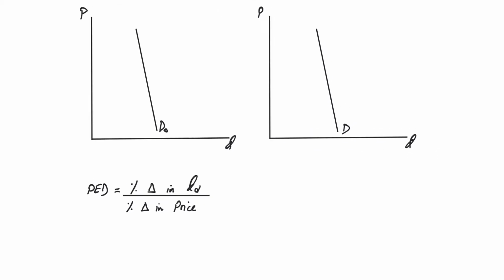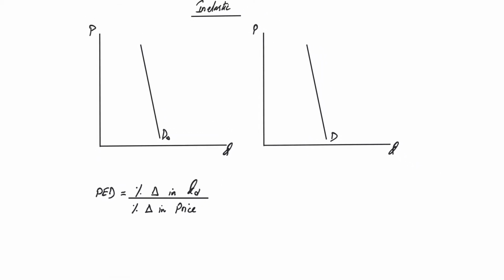In inelastic, we say that the value change in quantity is less than the change in price. So let's say if there is a 10% increase in price, there is a smaller percentage decrease in quantity. I've just given the values from my own point of view.